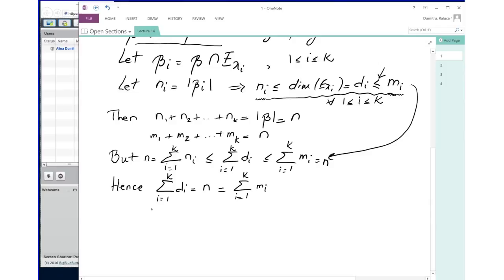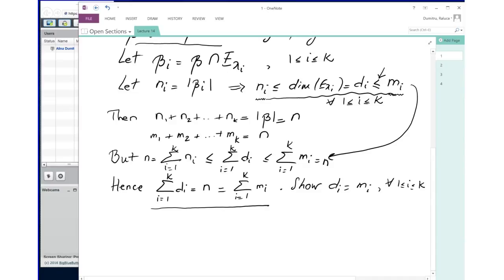Okay, so this is what we have now, that the sum of d_i equals the sum of m_i. That's not really what we need. What we wanted to show is that the dimension of every eigenspace equals the multiplicity of each eigenvalue. Which in general doesn't hold.